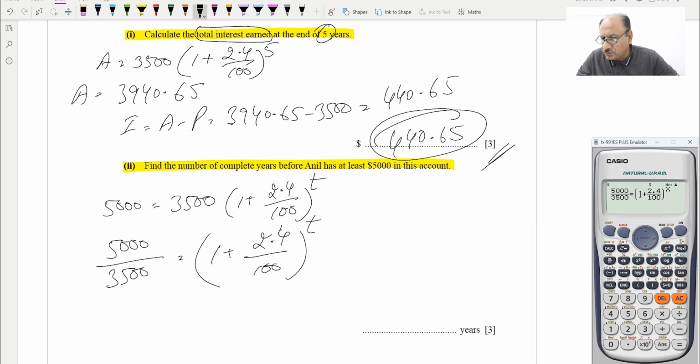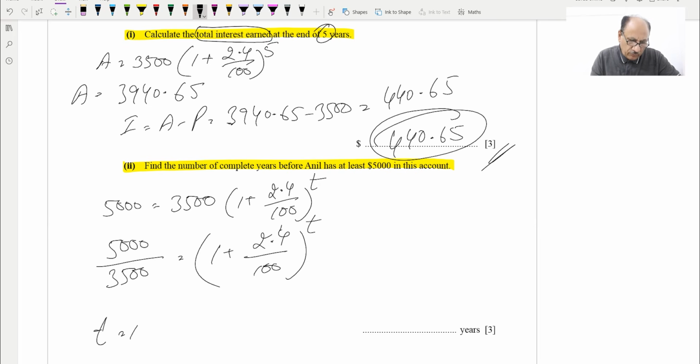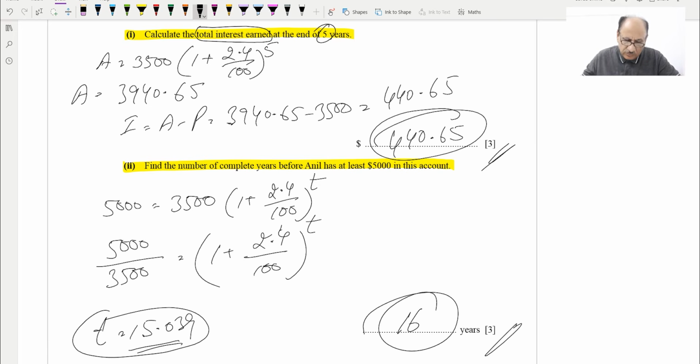Solving for x, this will be 15.039. So t is equal to 15.039, and you can replace this value in t and check also. It's a little more than 15, so our answer will be 16 years, because if we take 15, it will not reach 5,000, so we need to take 16.